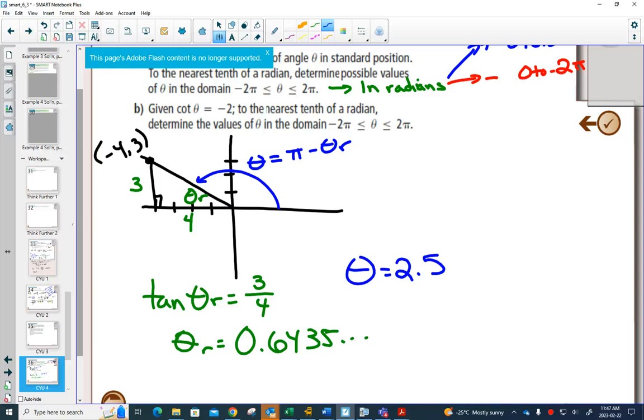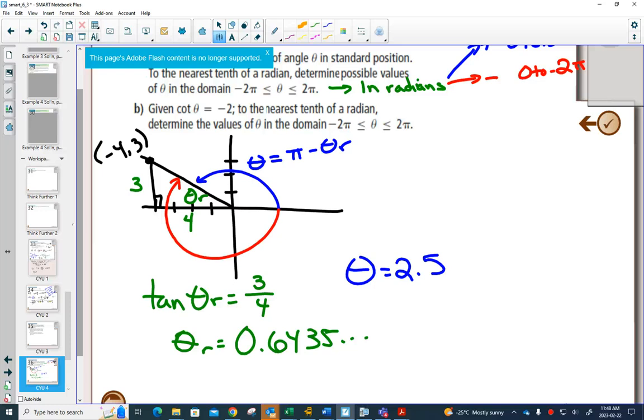The red one, we also need to think negative. So negative in standard position, also starting here. But that would go in that direction. If it was in degrees, I would do 180 degrees, which gets me up to here, plus my reference angle. Whatever number I would get, then I would make it negative because I'm going in the other direction. So the same thing in radians.